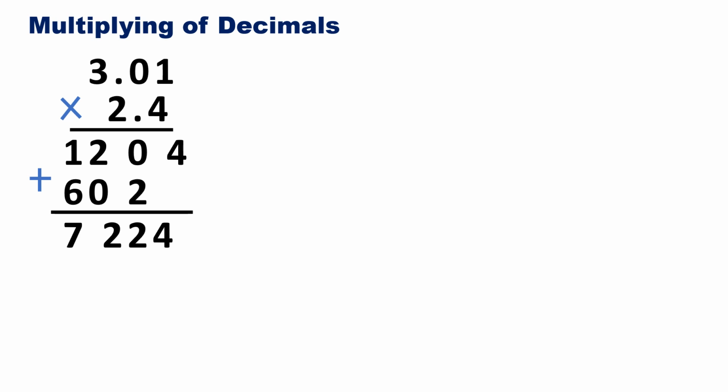Now where will we put this decimal point? As I have already told you, we first calculate how many decimal places are there in each number, that is, in 3.01 and 2.4. In 3.01 there are two decimal places, and in 2.4 there is one decimal place. So 2 plus 1 is 3 decimal places.